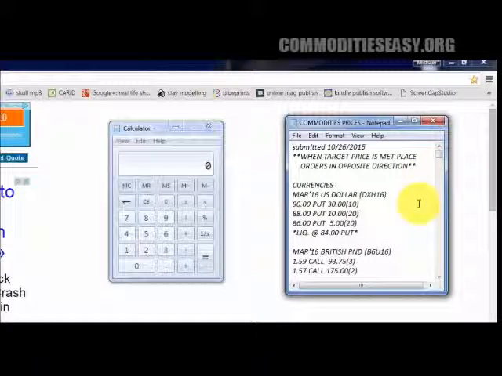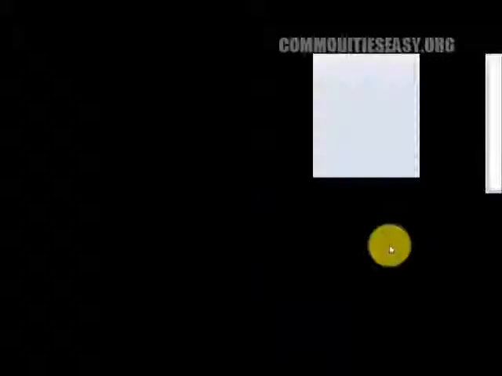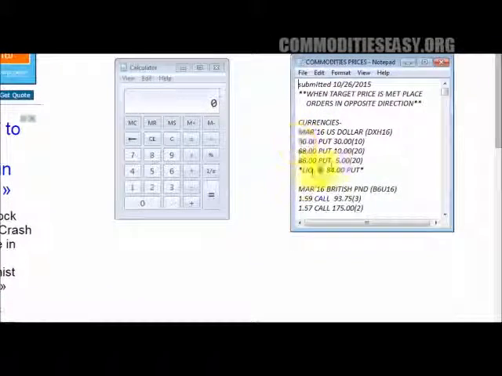We got to move it out some. These are some of the prices I had back in September, and the market has either surpassed or met these price points right here.